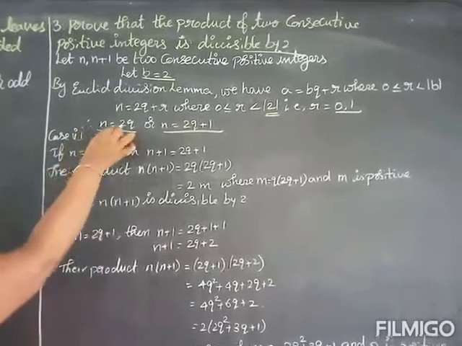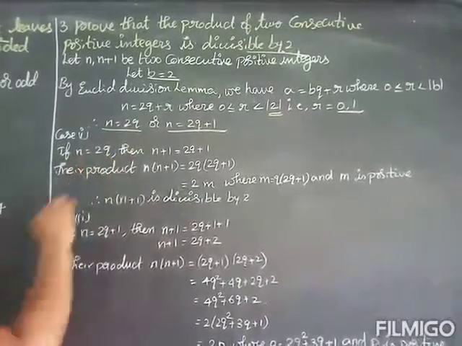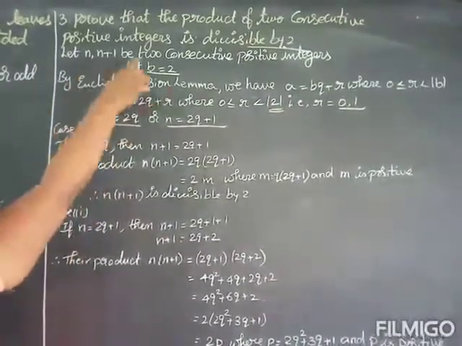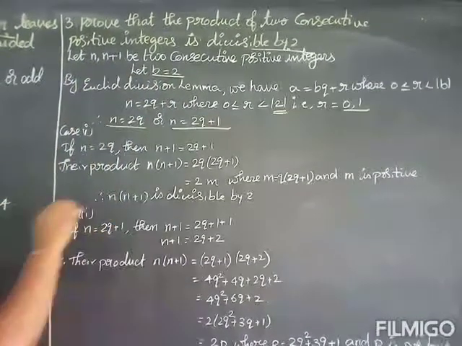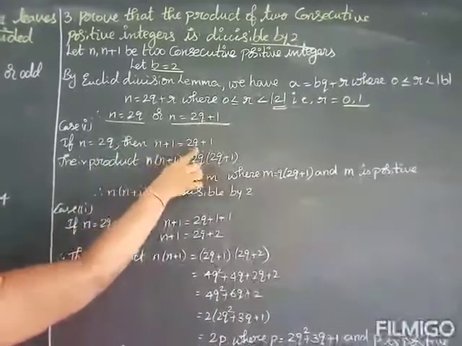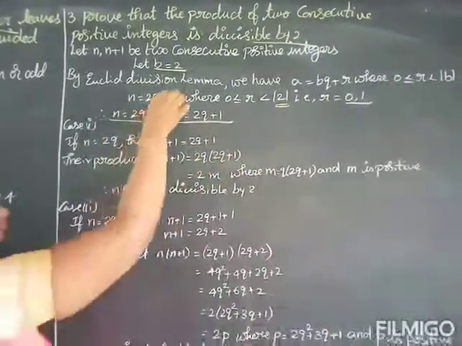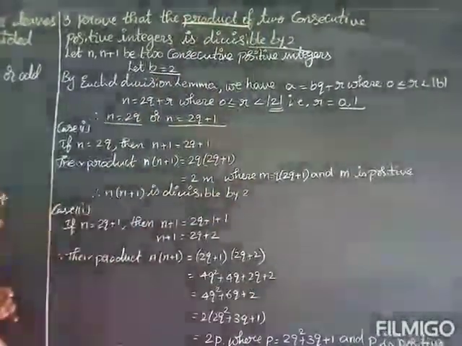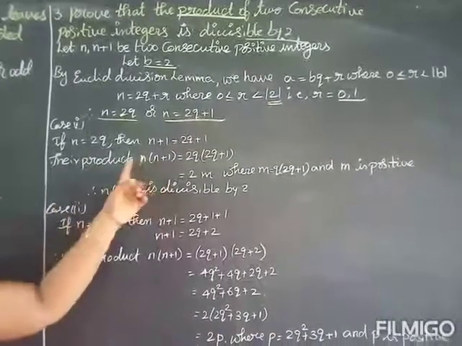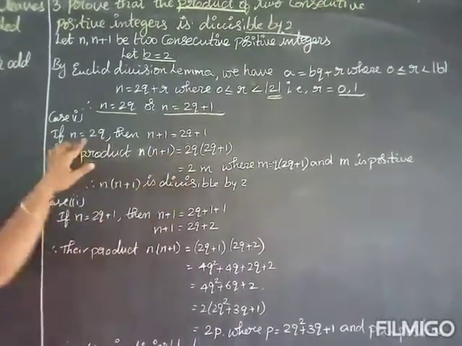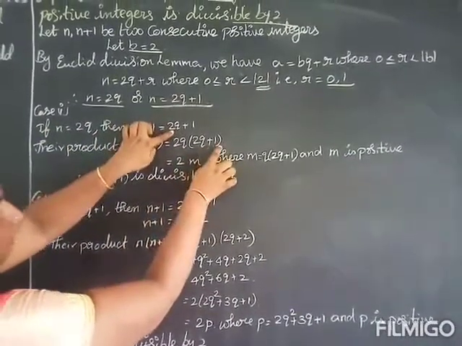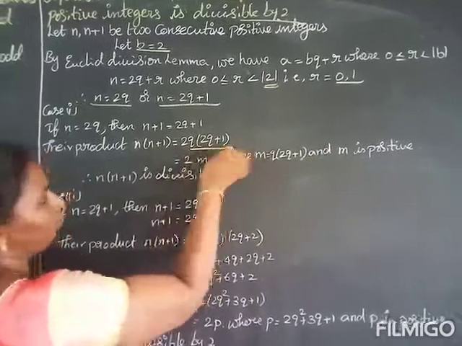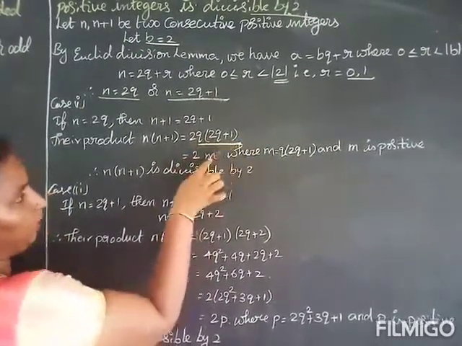So case 1. Now I am taking n = 2q. The consecutive integers are n and n + 1, so n + 1 will be 2q + 1. They ask for the product of two consecutive integers, and product means you have to multiply. So n(n + 1) = 2q(2q + 1). Now I am assuming this q(2q + 1) as m.